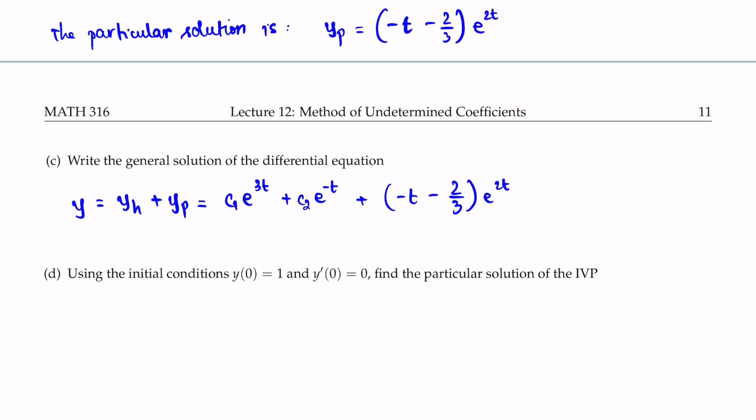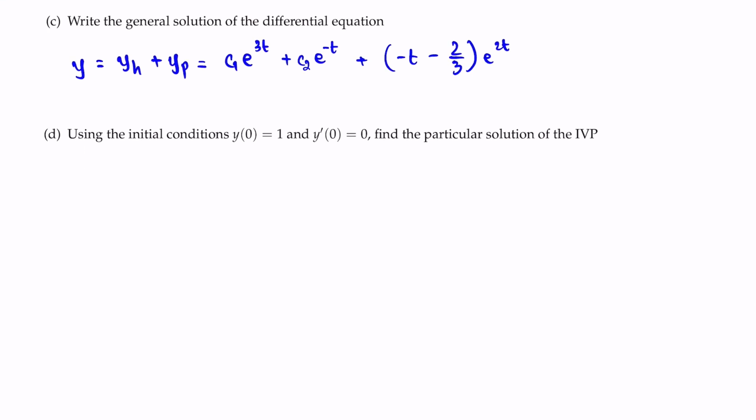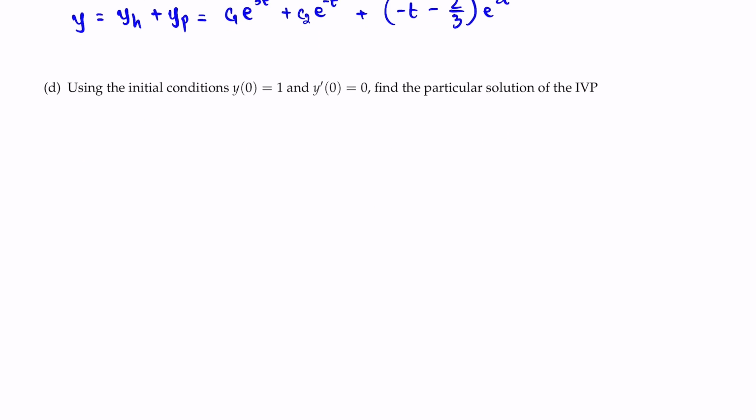Now when you are given the initial conditions, in this case y of 0 equal to 1 and y prime of 0 equal to 0, you can find the specific values for c1 and c2 and solve for the particular solution of the initial value problem. So again, we're going to utilize the two initial conditions. So start with y of 0.